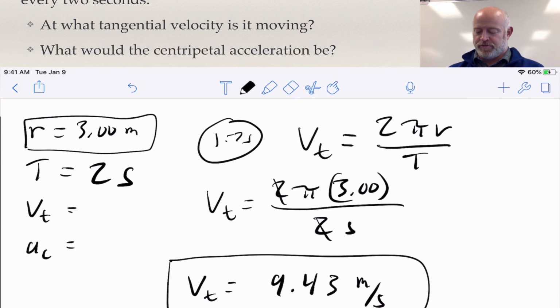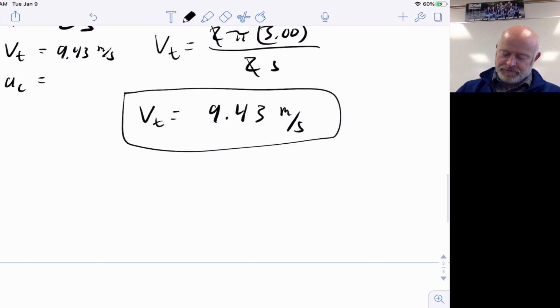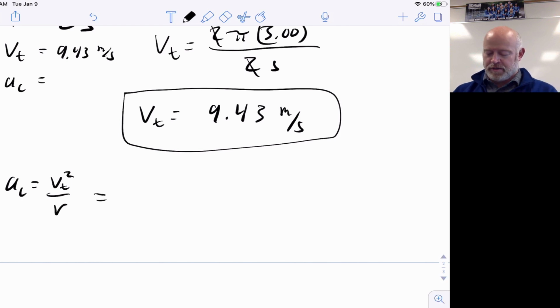Second part, what's my centripetal acceleration now? We know my velocity is 9.43 meters per second. Acceleration can be solved by velocity tangent squared over my radius, or by 4 times pi squared times the radius divided by my period squared.